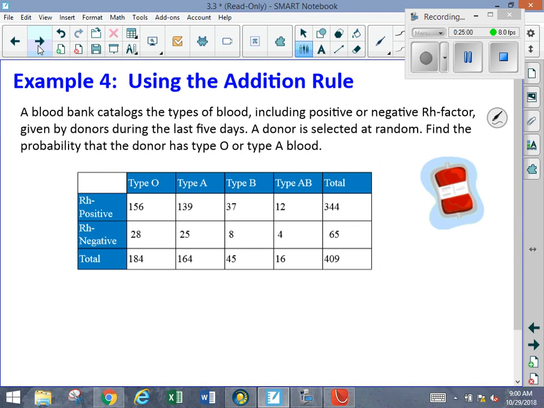Alright, so what's the probability that the donor has type O or type A? Type O or type A from all of these, right? So it's not a given or anything like that, right? So this is our total possibility.